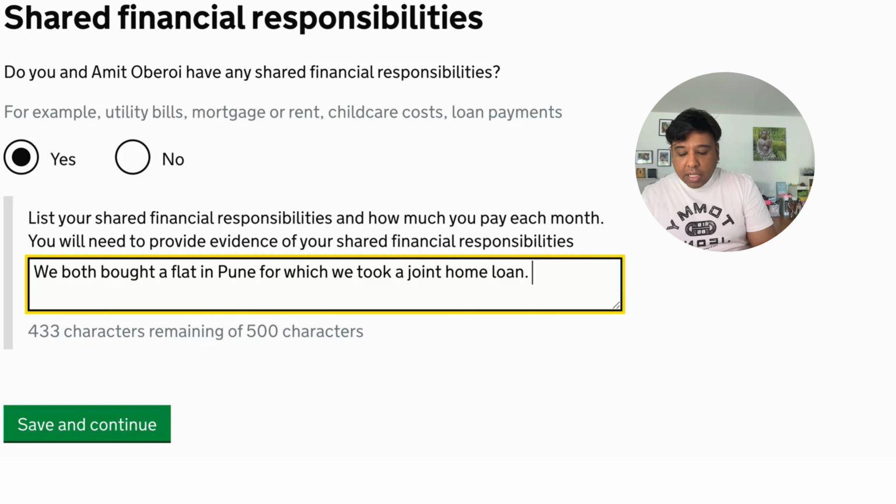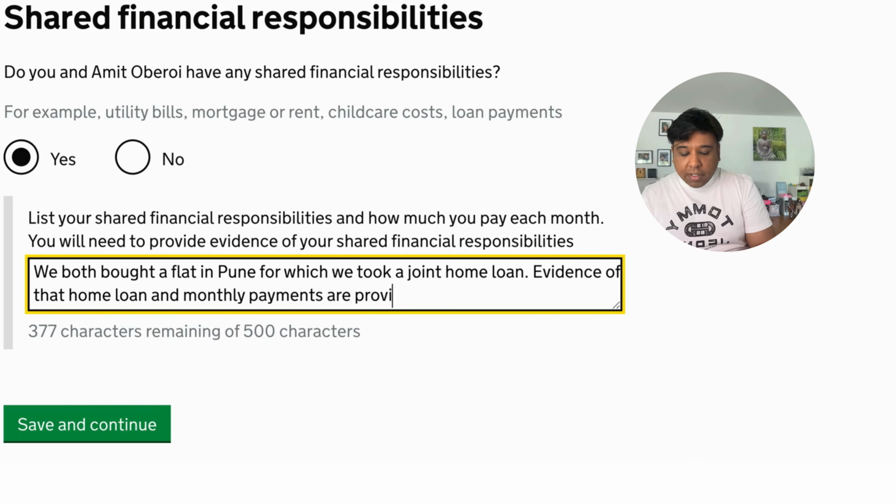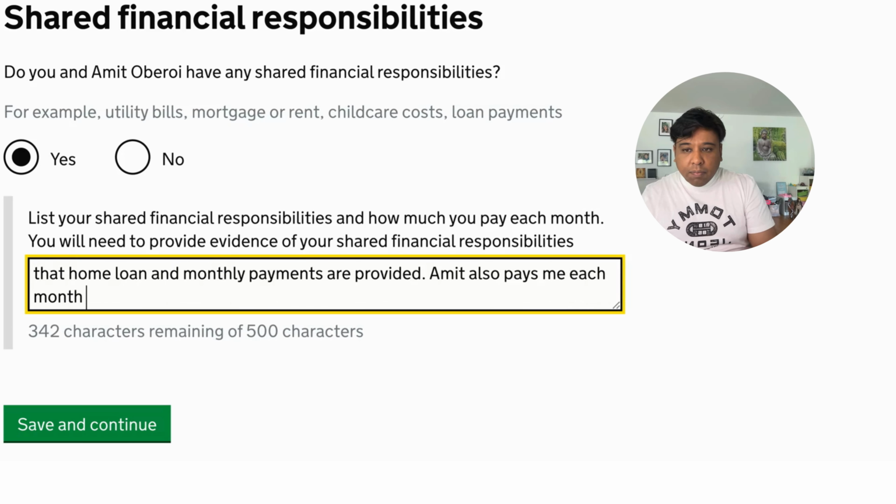Evidence of that home loan and monthly payments is provided, because this also shows a genuine ongoing relationship. Otherwise, why would two people come into a relationship and start paying a loan? Besides, you can say Amit also pays me money each month for my allowances and some shopping.